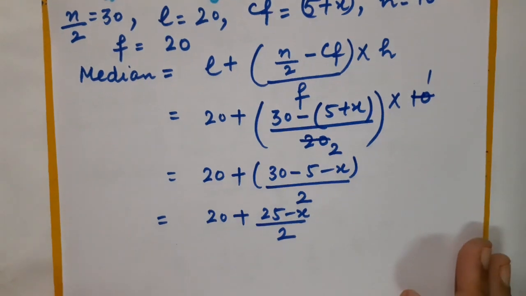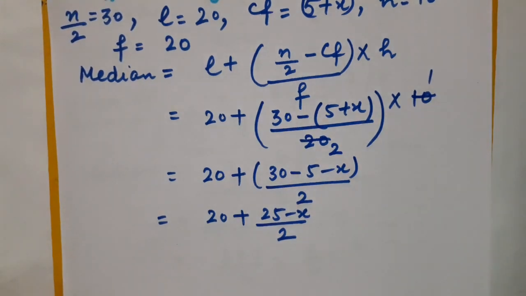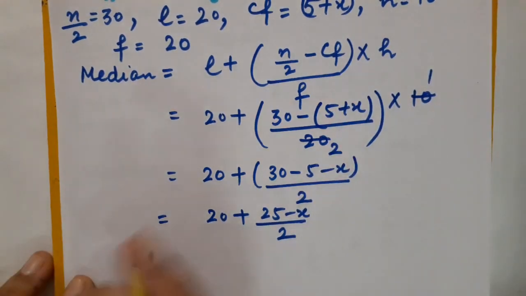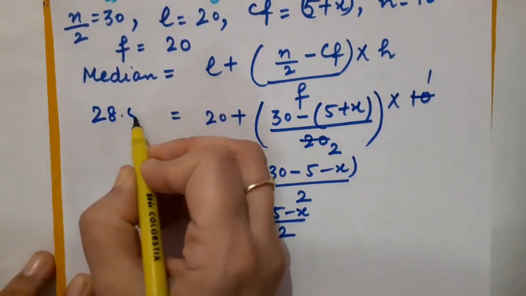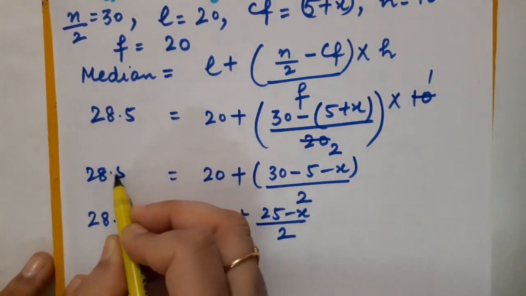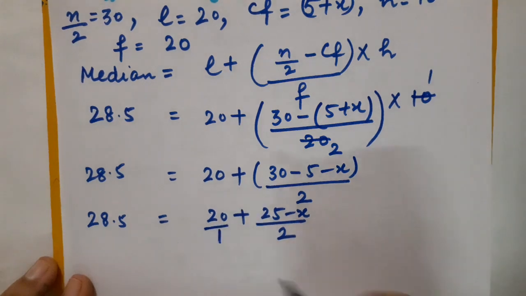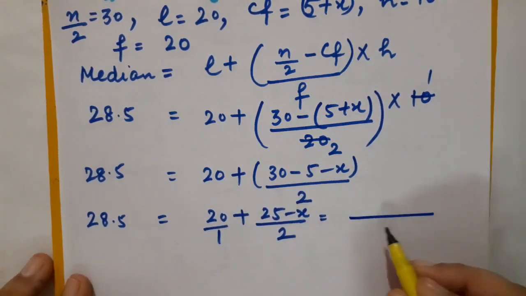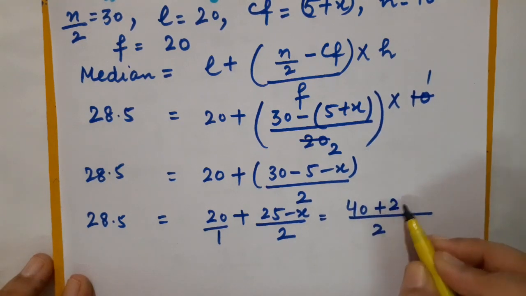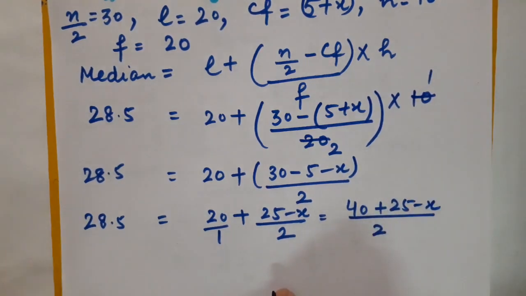Correct? So children, now just tell me one thing. This is the formula of median which we are applying, and we know the median. So let us use that value, 28.5. Solve it. While taking the LCM, what are you going to get? The LCM will be 2. It would become 40 plus 25 minus x.